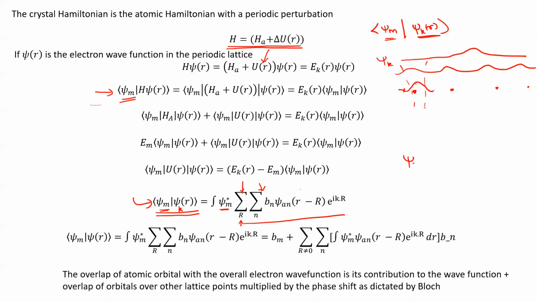So psi m star psi n is delta mn in an atom. So at r equal to 0, psi m star psi n will give you only bm, the component along this particular value. All others will turn out to be 0. For r not equal to 0, you have this huge summation.